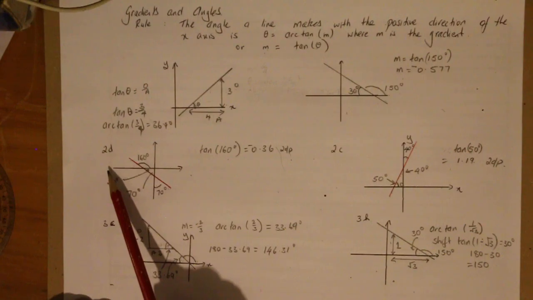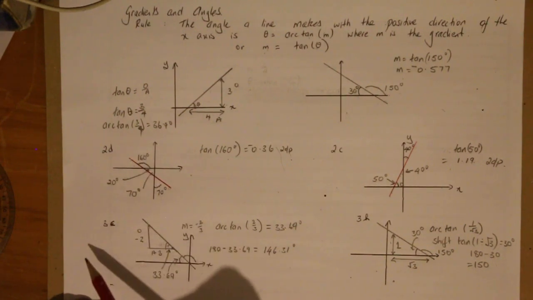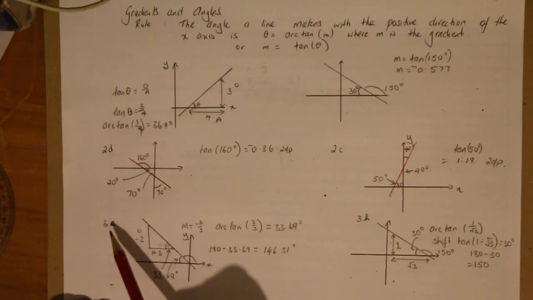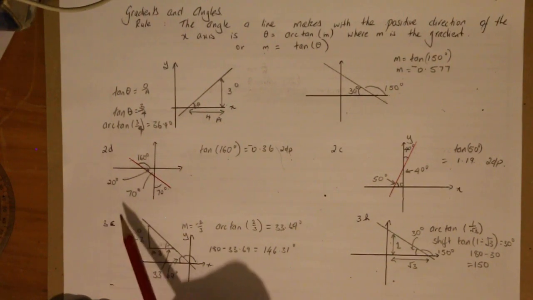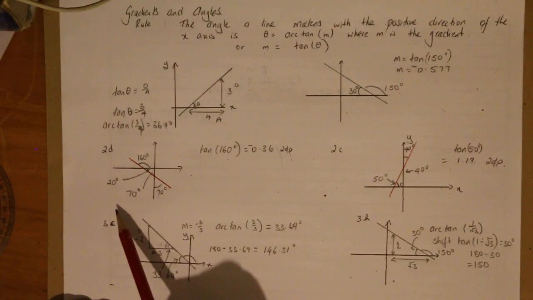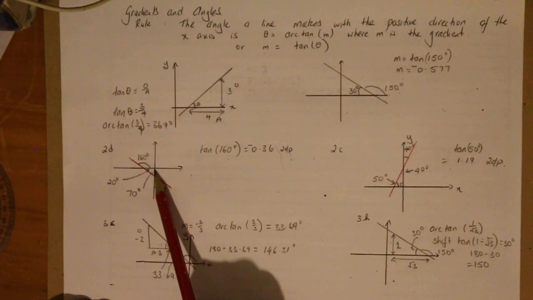For question 2D, we were after the gradient of this line here, and we're given this angle here is 70. If that there is 70, this here must be 70 by vertically opposite angles. By angles in a triangle make 180, that there must be 20, remembering we have a right angle in there.